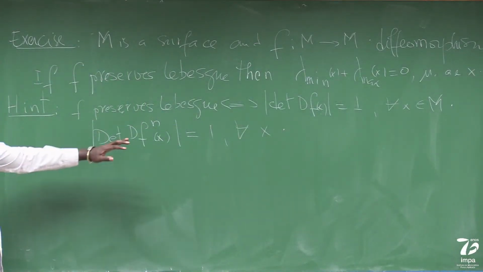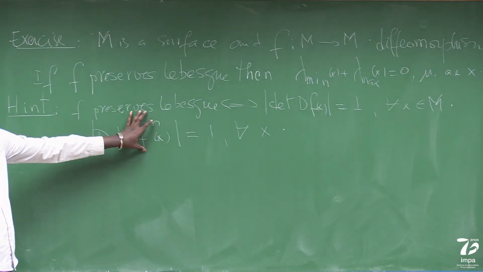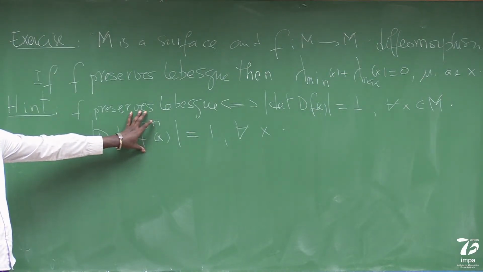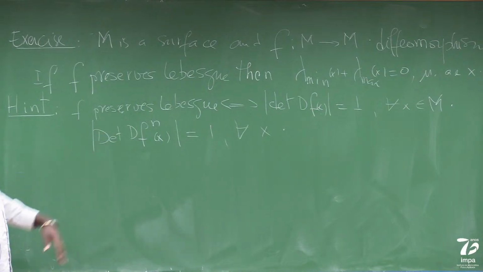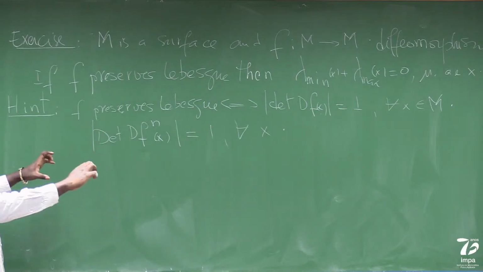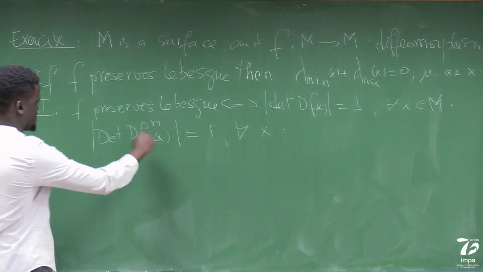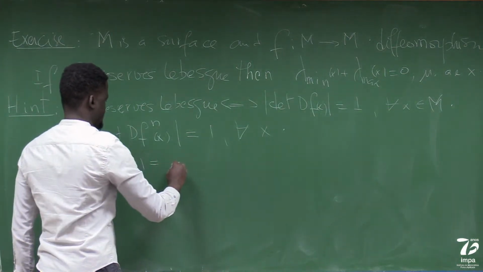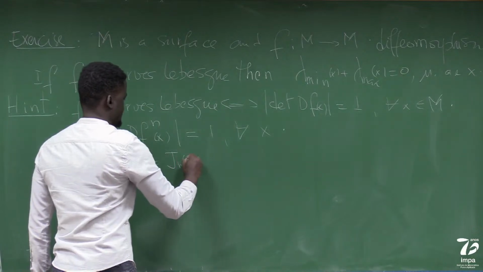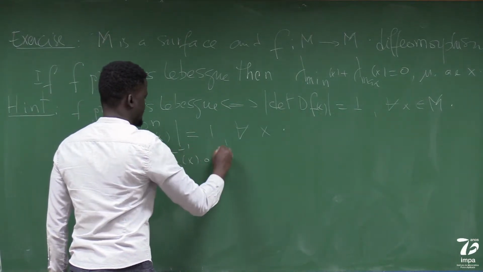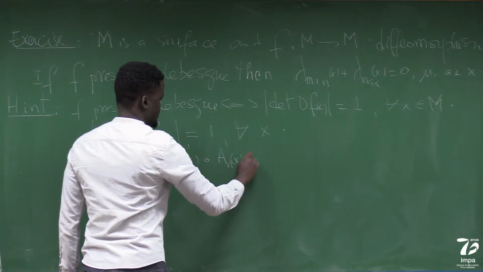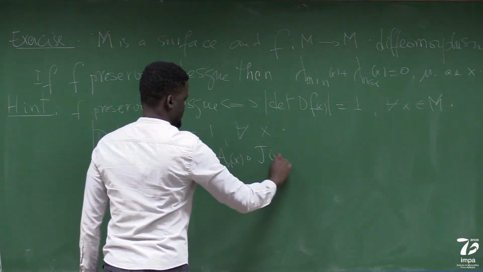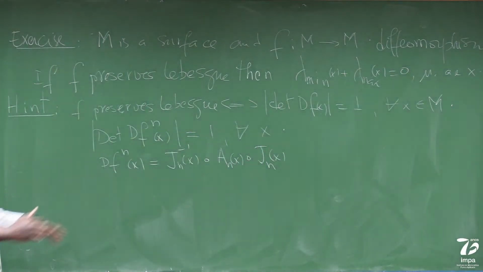So you can see that this matrix here is invertible. Okay, so if you want, you can write its Jordan form. So you can write dF^n at x as J_{F^n x}^{-1} composed with A_n(x) composed with J_x.